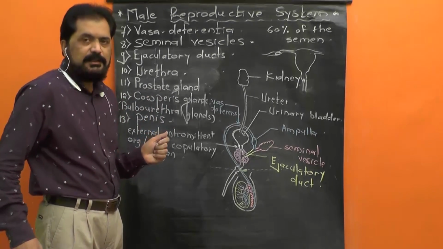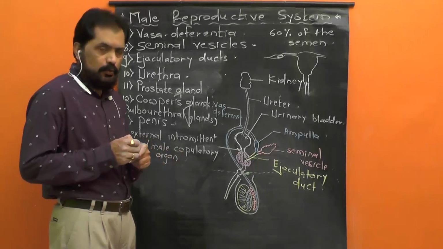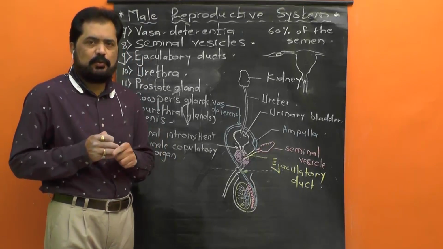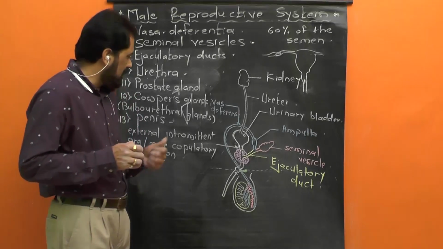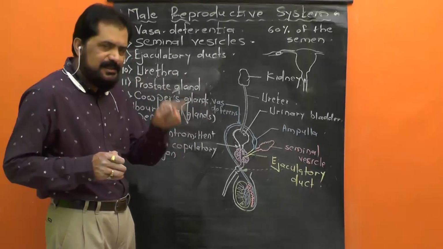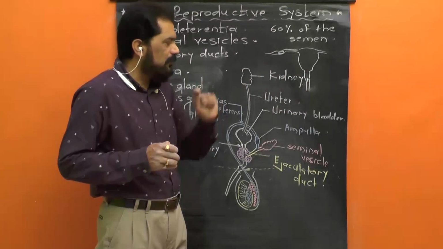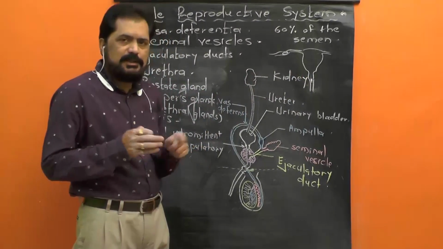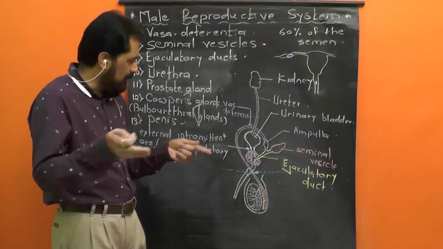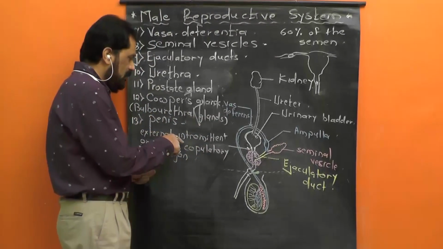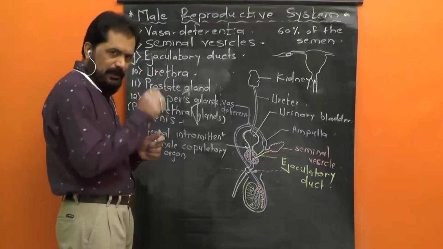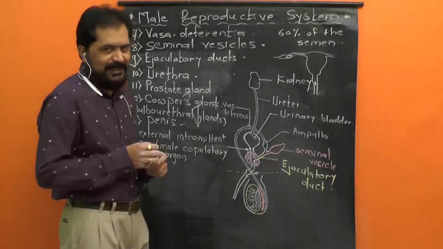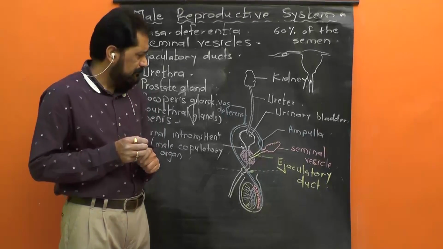At the time of sexual intercourse of male and female, the penis is inserted into the vagina of the female, and therefore it is called an intromittent organ.